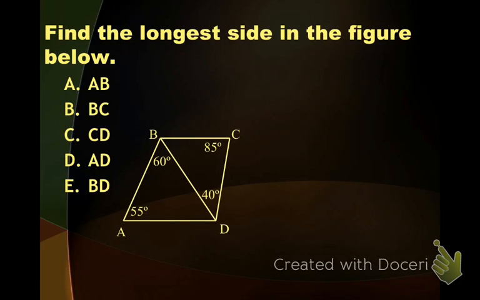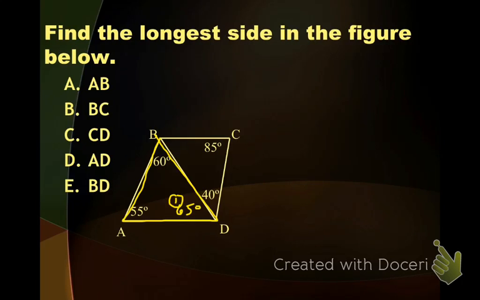Okay, how about the longest side in the figure below? Let's follow the same approach we just did. So again, we'll take a look at this triangle here. We've got a 60, a 55, and taking the 5 degrees from 60 and putting it to this angle here kind of works again. In this triangle, we're looking for the longest side. 65 is the largest angle.